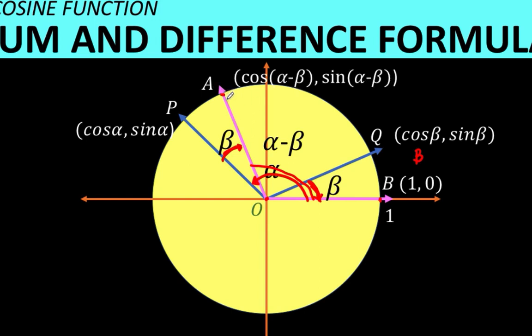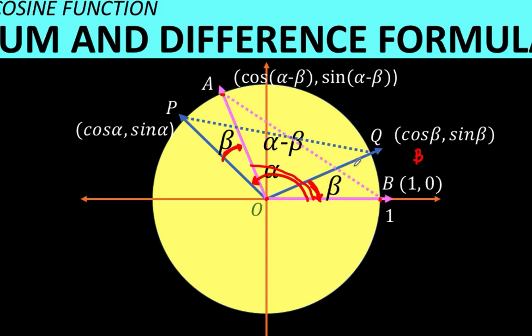The coordinate of point A is the ordered pair: the x-coordinate is cosine (alpha minus beta), and the y-coordinate is sine (alpha minus beta). Now, let's connect point P to point Q in order to form triangle POQ. And let's connect also point A to point B in order to form triangle AOB.